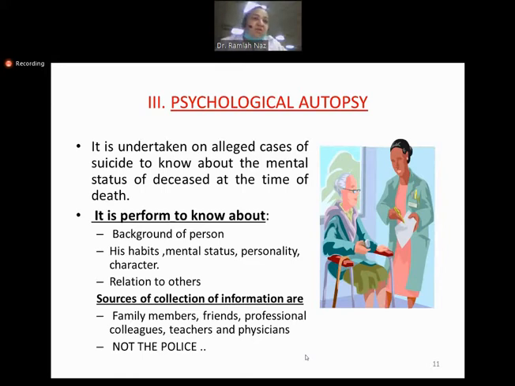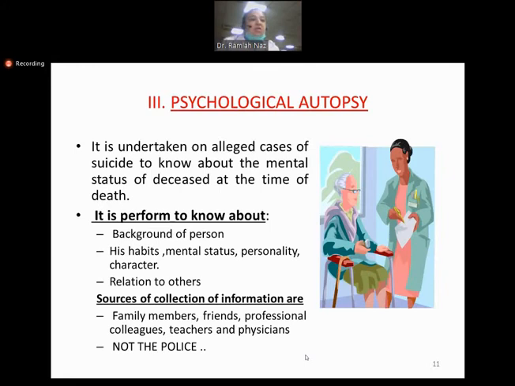So it is kind of like an interrogation, but it is totally different from the police, because you won't be totally relying on or dependent on the statement of the police. In such a psychological autopsy you won't just take everything from the police. This is your job to perform. This is a non-invasive technique.